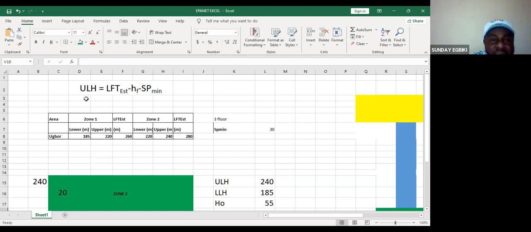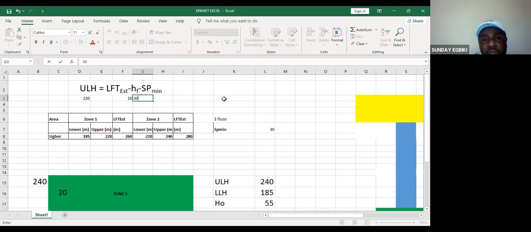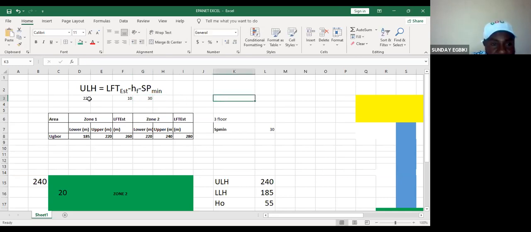It is for you to get your upper limit of housing. Upper limit of housing in zone 1 is 220. And the HF, as we normally use, is 10. And the SP minimum is 13 for 3 floor. So when you put this 220 here, this 10, this 13, and you are looking for this, the value will be 220 plus 14, which will give you 260.